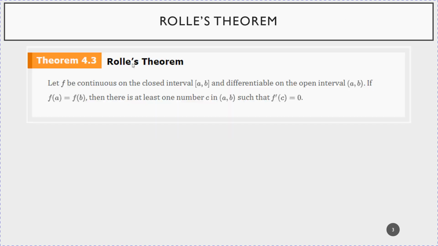Here's Rolle's theorem. Let f be continuous on some closed interval from a to b, and differentiable on the open interval from a to b. Now, if f of a is equal to f of b, I'm going to do the visual of this so you can see.